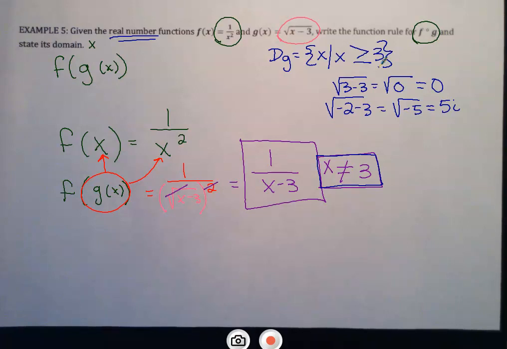I want to make sure you understand, because you're right, the domain of the f of g is very similar. The domain of f of g is x such that x is greater than 3.